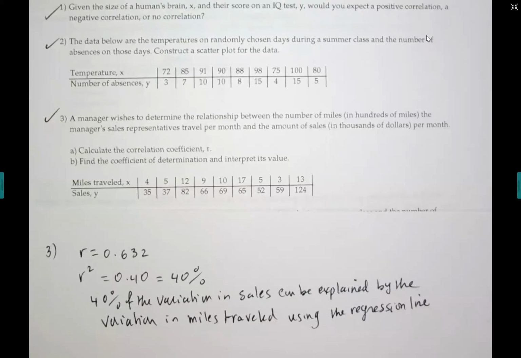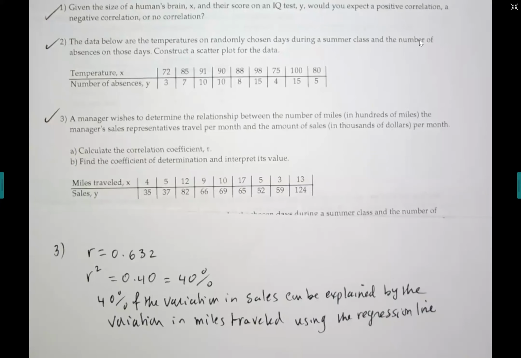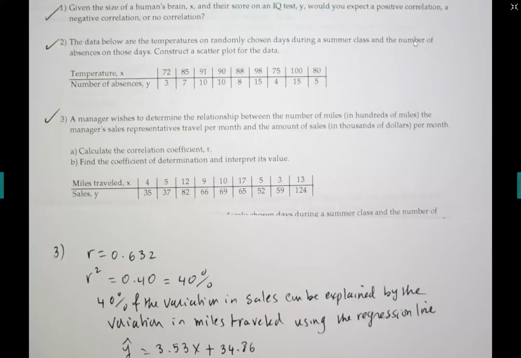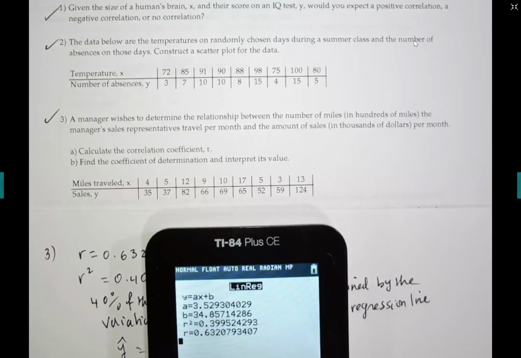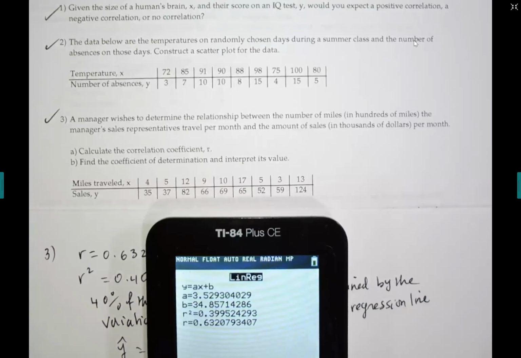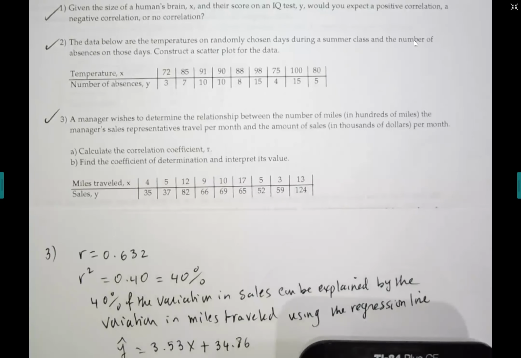But I'm gonna add one more question to number 3. Let's find the equation of the regression line. So you get y equals ax plus b. When you run a linear regression ax plus b, you get the value of r, you get r squared. Look, guys, at the screen, and you get the equation of the line, which is called y hat equals ax plus b.